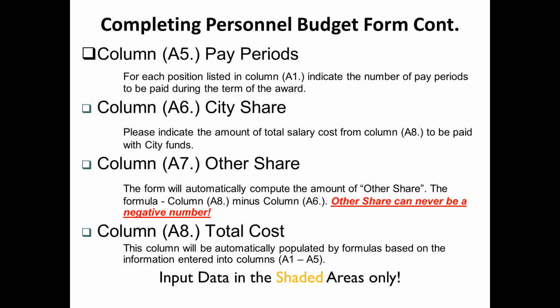And then you determine the city share, and then you let the form compute other share. Now, other share can never be a negative number. The only way you would have a negative number as other share is when the city share exceeds total cost, and the city share can never exceed total cost. The city share can be equal to or less than total cost.